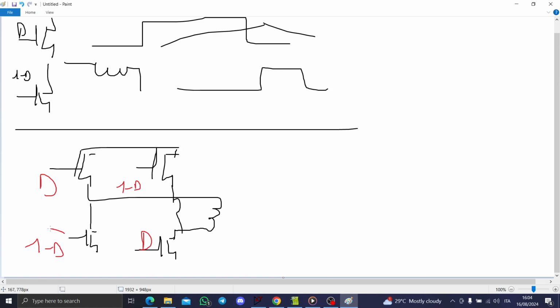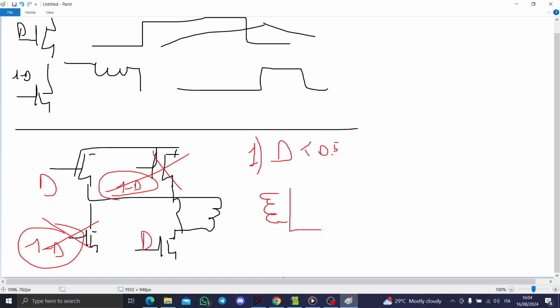This is wrong, because when you have an isolated configuration with the transformer, the duty cycle D must be less than 0.5. That's because on the secondary side, with the rectifier, even the square waveform of the transformer will be rectified. So if you have 0.45, here you will have 0.9.